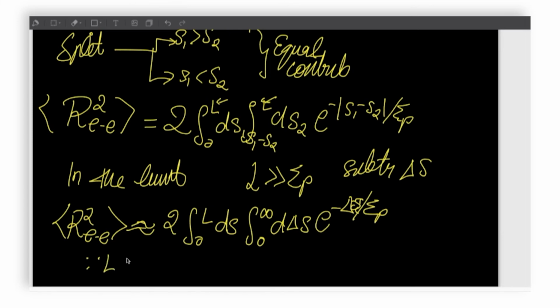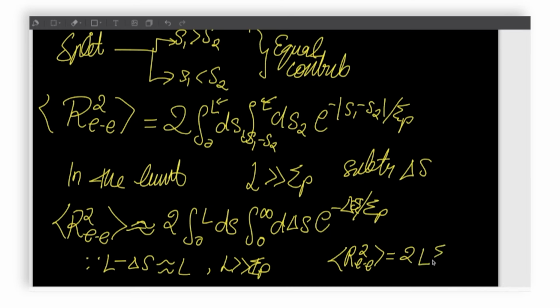This is all because L minus delta s is approximately equal to L, which is true when L is much greater than the persistence length, leaving us with a simplification: the end-to-end distance squared average is equal to 2 L Cp.